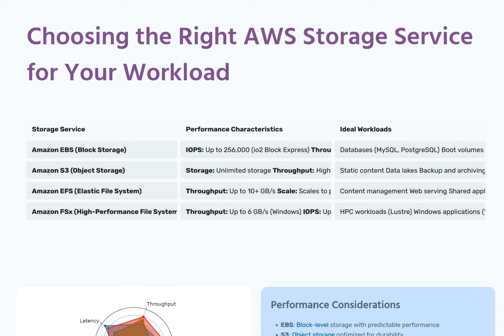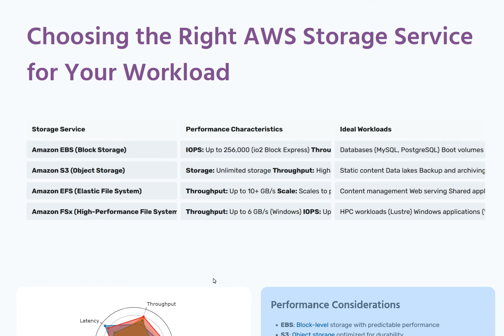All right. So we're going to look into choosing the right AWS storage service for your workload. It just gives you a summary, some of the things in a table. You can't probably see it properly, but let me explain them. The first column gives you the storage services provided by AWS.